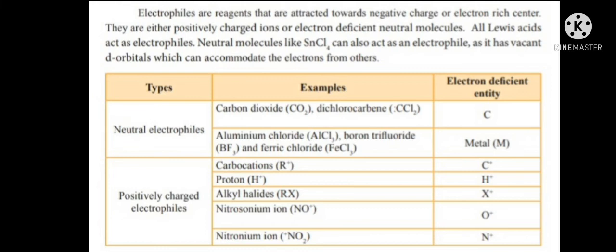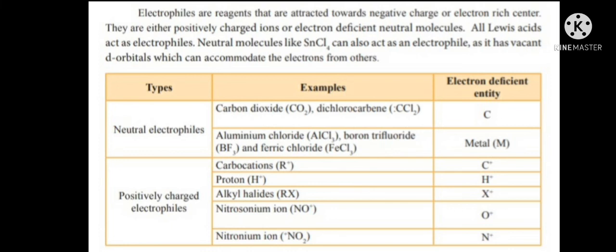Neutral molecules like SnCl4 can also act as an electrophile, as it has vacant d orbitals which can accommodate the electrons from others. This tabular column explains types and examples for electrophile. Here we are having two types of electrophiles, namely neutral electrophile and positively charged electrophile. First, we will discuss neutral electrophile.